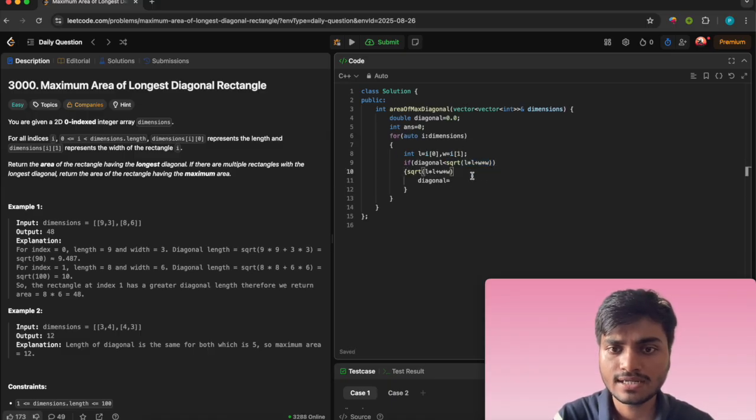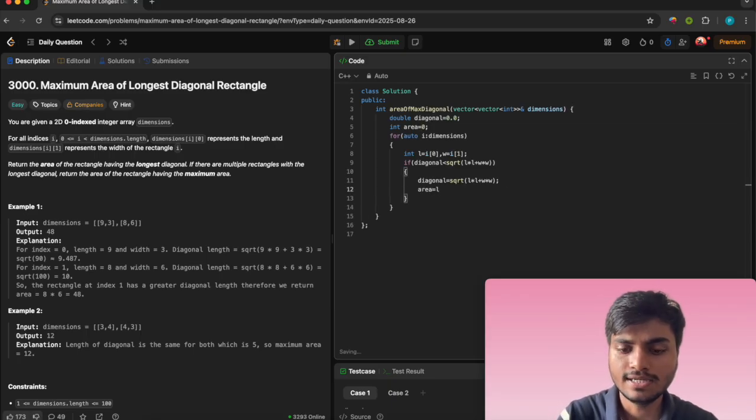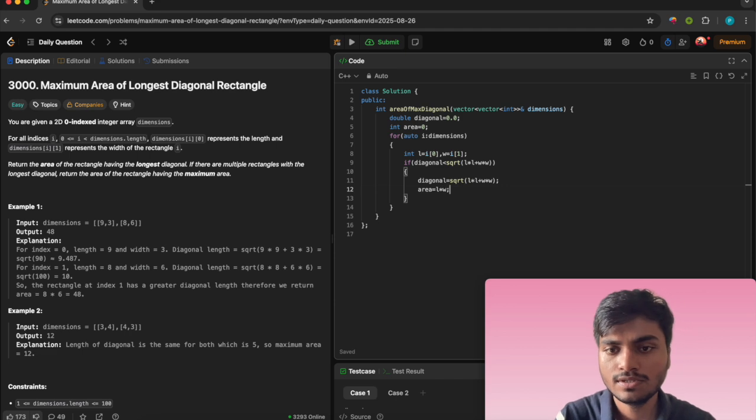And whenever we get the longest one, we update the answer as well, which is our area. So area will be L into W. That is it, and just return your area.